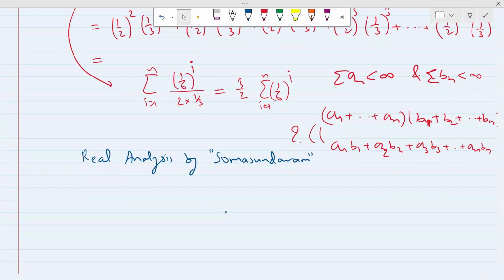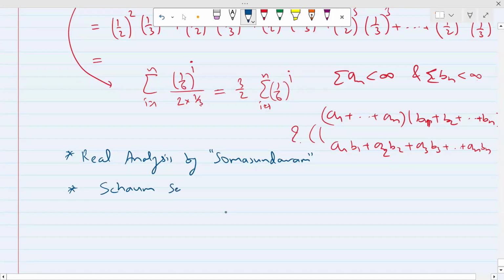And if you want only solved problems, then you can also check out this book, Schaum's series, on power series.